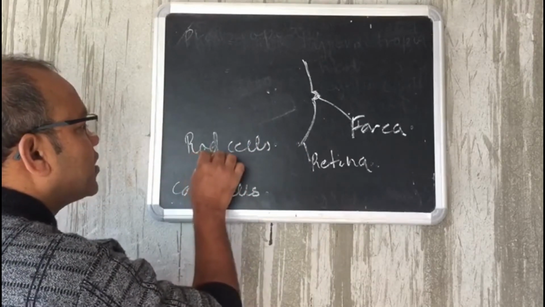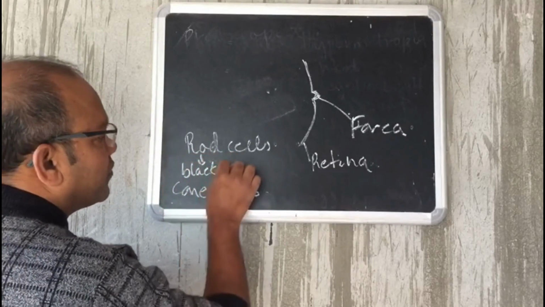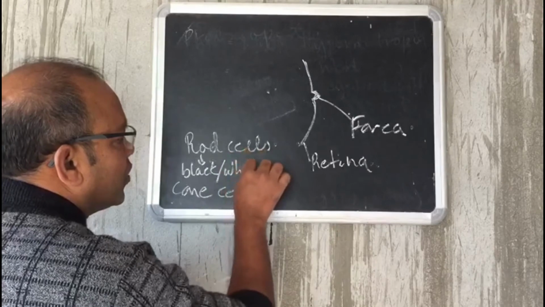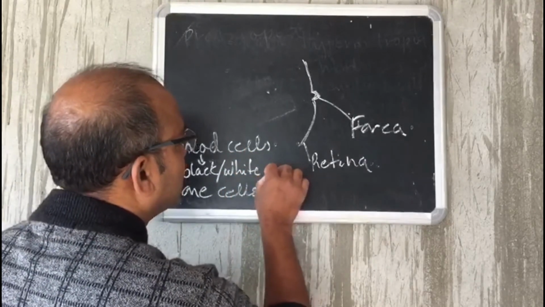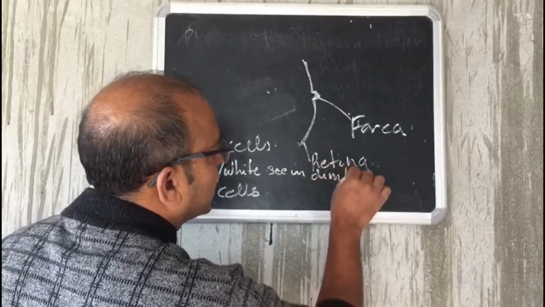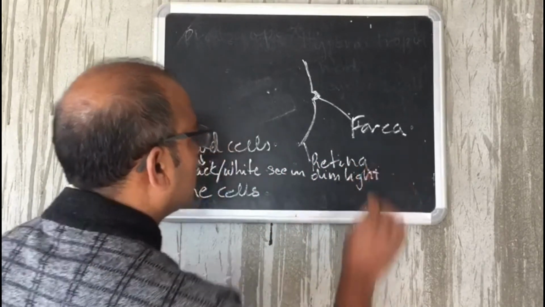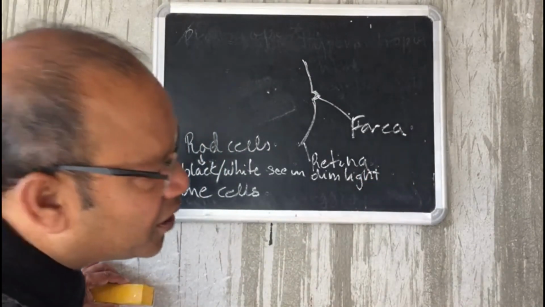The rod cells are for black and white vision, and they also help us to see in dim light. That is the function of the rod cells.